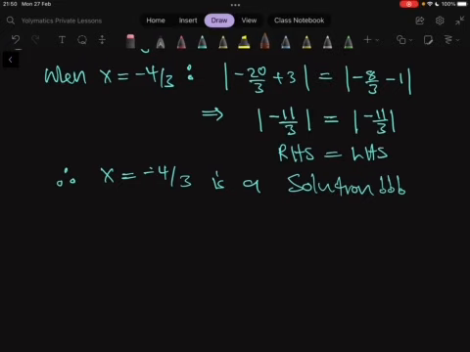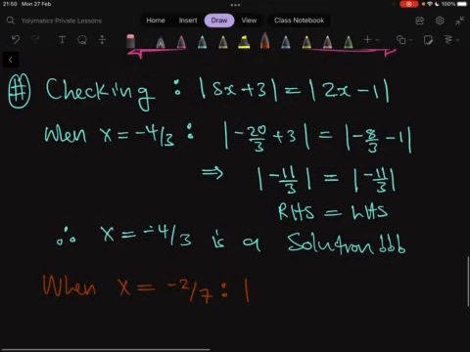So we'll come now and say what happens when x is equal to negative 2/7. So when x is negative 2/7, we can put our things there. When we put negative 2/7 on the left hand side, we'll get negative 10/7 plus 3, equal to the absolute value of 2 times negative 2/7, which will give us negative 4/7 minus 1.